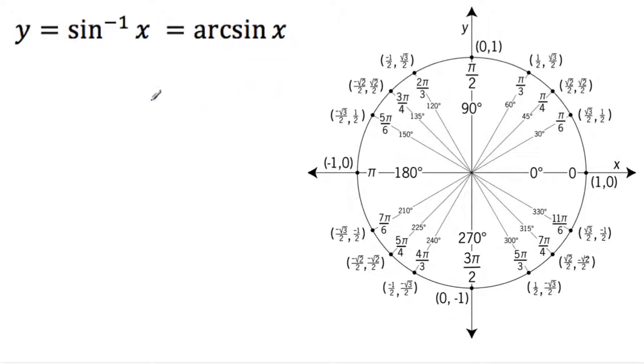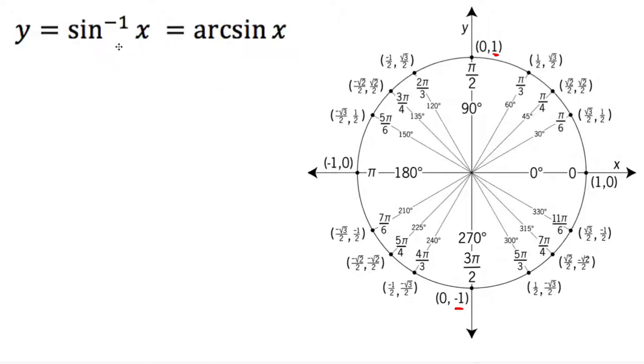Okay, now if I look at this unit circle, I have to think about what is the largest value sine could be. Well, because sine is really the y value, notice that these y values are increasing until we get here. And so the largest that y could be is 1. The largest my sine value could be here is 1. The least amount that my sine could be is negative 1.